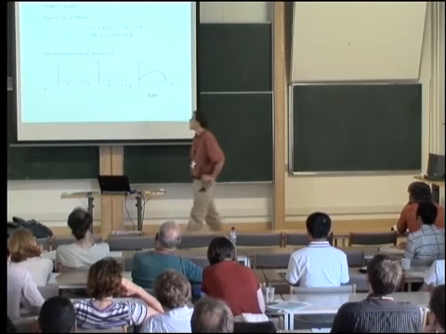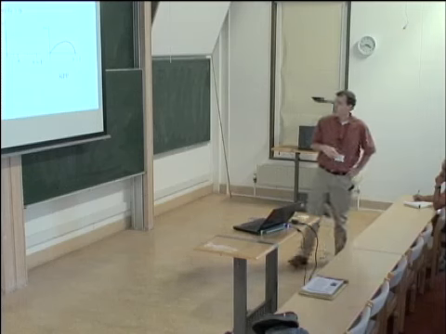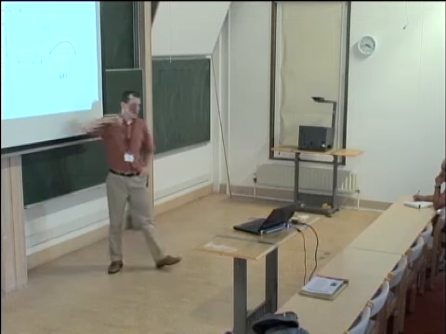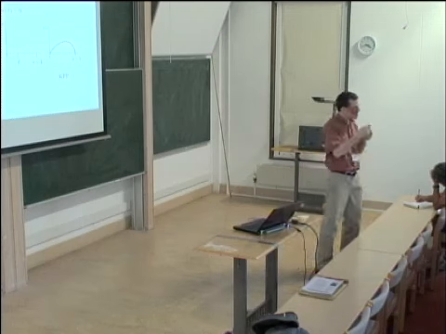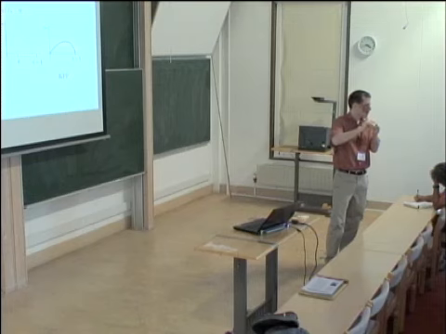So the solutions that arise from this sort of nonlinearity are called push fronts, and that's in contrast to the other case where the sort of solution is called pull fronts. This picture represents the KPP nonlinearity. For example, u times 1 minus u. And the main difference is that u equals 0 is no longer stable, it's unstable. And as a result, the behavior of the solution depends a lot on the behavior of the leading edge of the front.